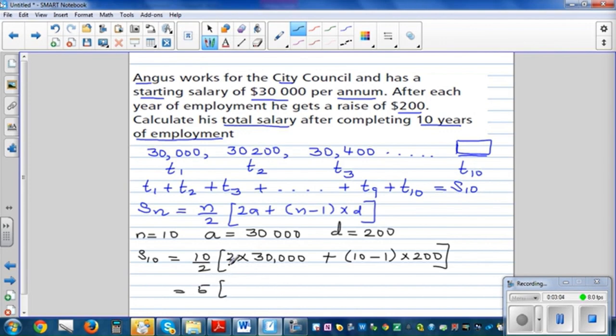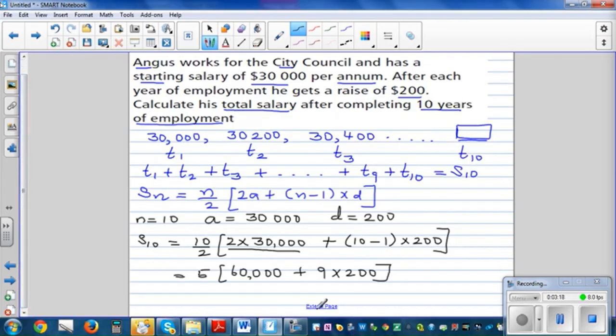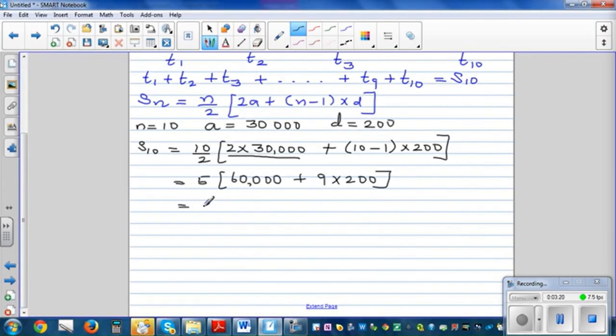Bracket 2 times 30,000 is 60,000, plus 9 times 200. Okay, so let's try to simplify this a bit further. So this is 5 bracket 60,000 plus 1,800, and so this is basically 5 times 61,800.